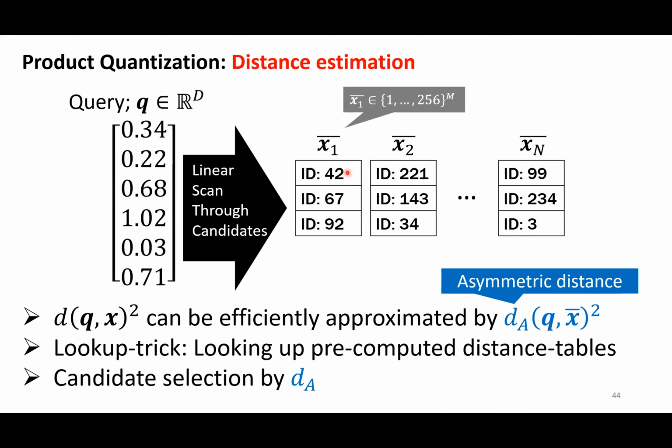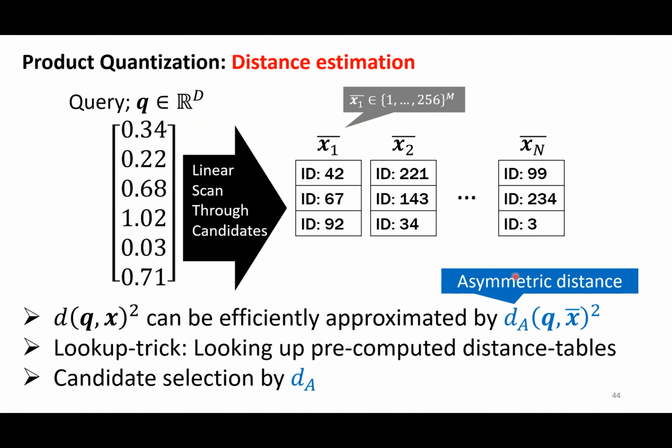You look at this centroid's X and Y coordinate, and you just compute the distance to that. This is how you do the distance computation for the first part, and then you can just sum them up if you are using L2 squared distance. So you can efficiently approximate it.